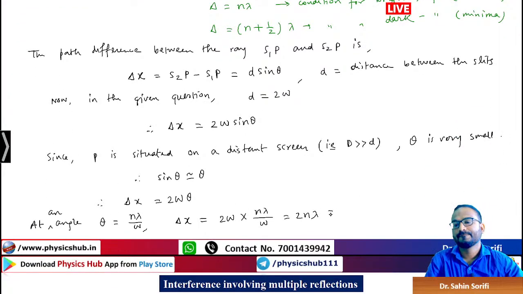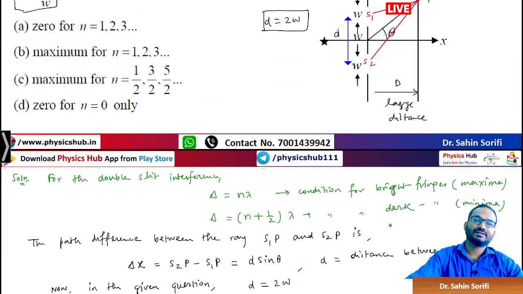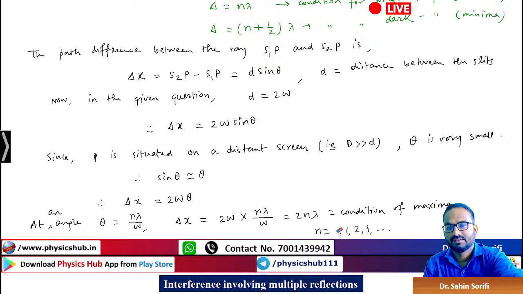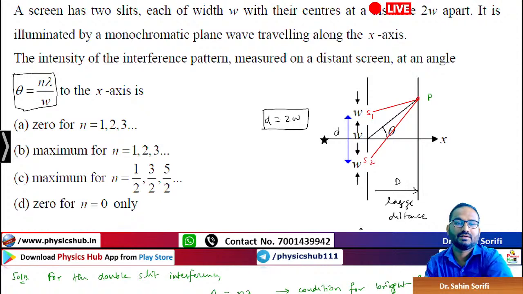So this is the condition of maxima, n value being 0, 1, 2, 3. So which option is it matching with? Now if you take 0, then that will make it minima. Yeah, we can also take 0, but to match it with the options, we can say maxima for n equal to 1, 2, 3 and so on.